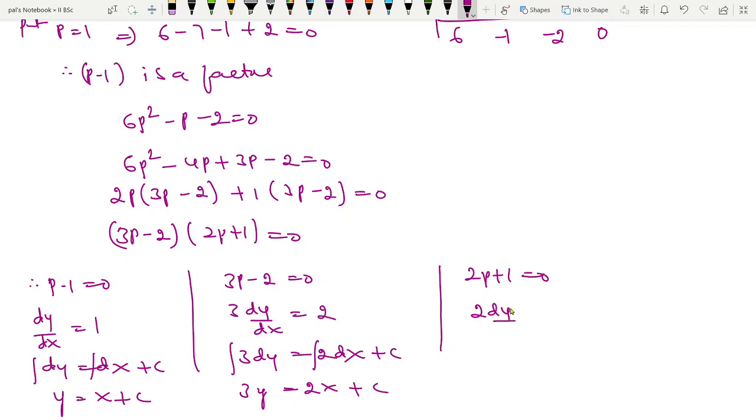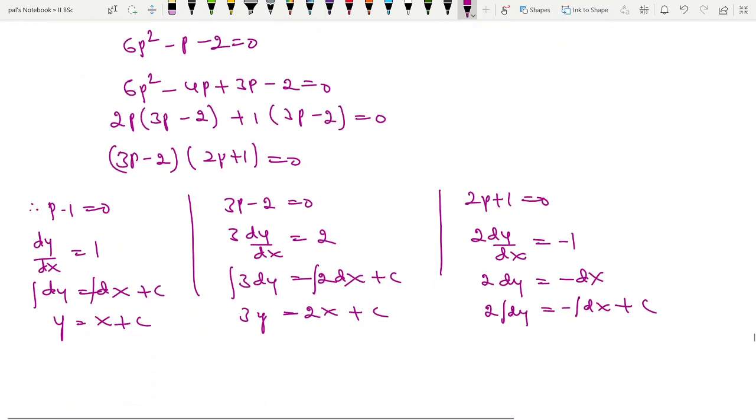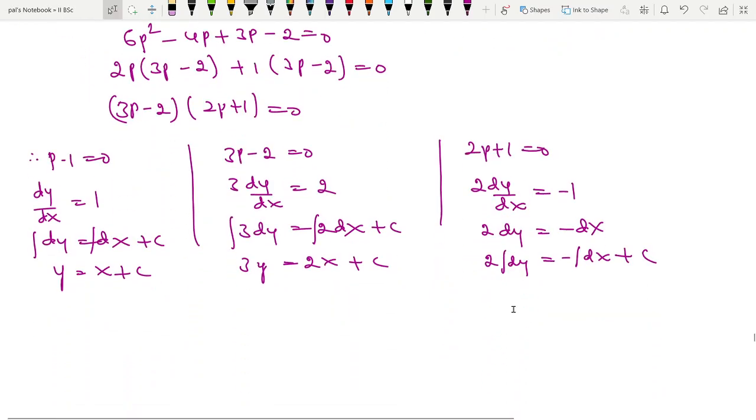2 into dy by dx is equal to, take this 1 to right hand side, it is minus 1. 2 dy is equal to minus dx. 2 into integration of dy is equal to minus integration of dx plus c. So that is 2y is equal to minus x plus c, or 2y plus x minus c is equal to 0.